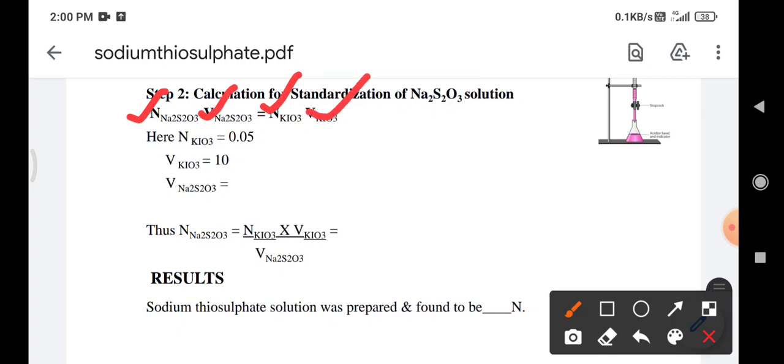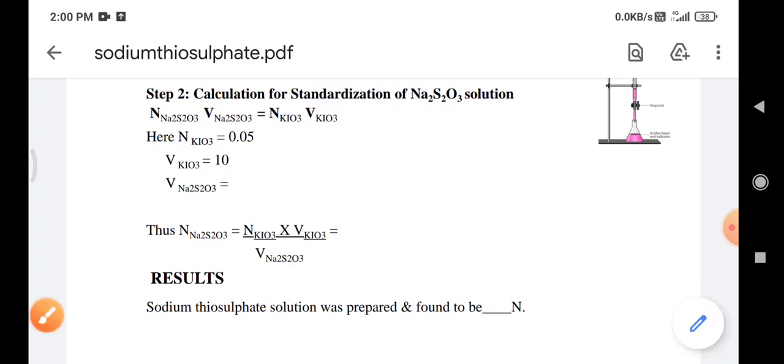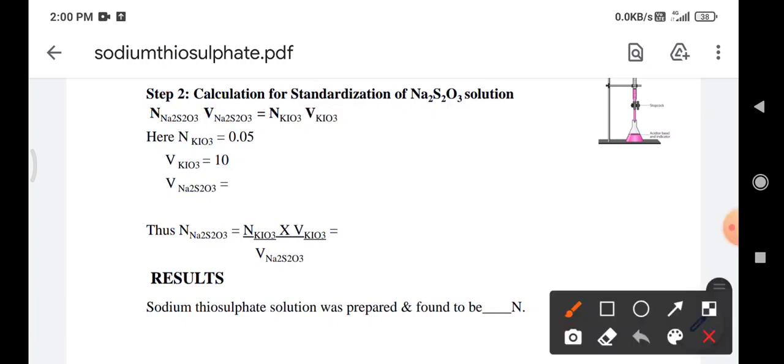Here the normality and the volume of KIO3 is known, and the volume of sodium thiosulphate we get from the burette value. So N of KIO3 is 0.05 and the volume of KIO3 used is 10, and the volume of sodium thiosulphate we get from the burette value from the observation table.